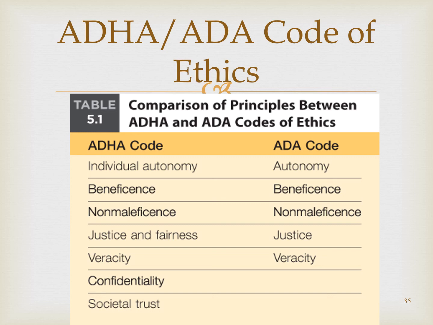They do believe in confidentiality and social trust. They do not have those two listed just as a principle. So I think on the midterm, it's going to have you list the ADHA codes and then what the ADA code is. And so it's easy to memorize the first 5, and the hygienists have 2 more.